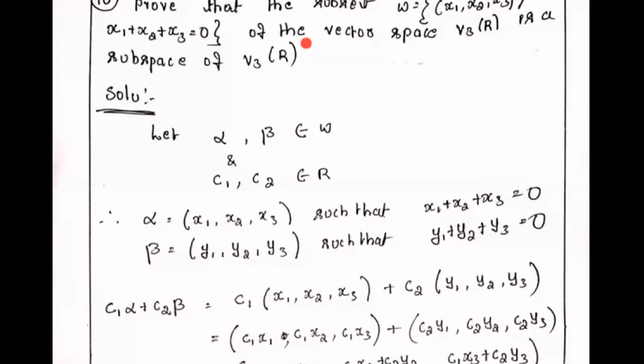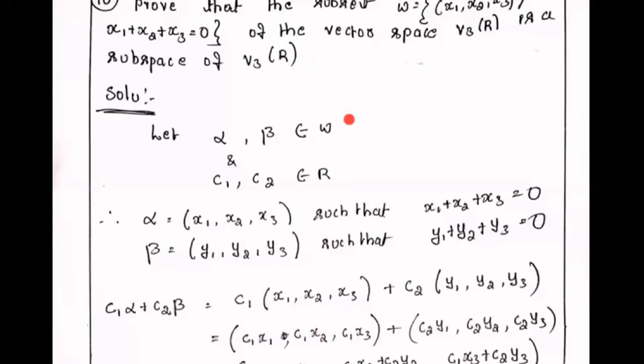After adding two vectors, if the answer lies in the subspace only, then one of the conditions is satisfied. Then when you multiply a constant with any vector in the subspace, if that comes again in the set of vectors, then it is called a subspace, right? So what I do is I'm considering two vectors, alpha and beta, belonging to W.